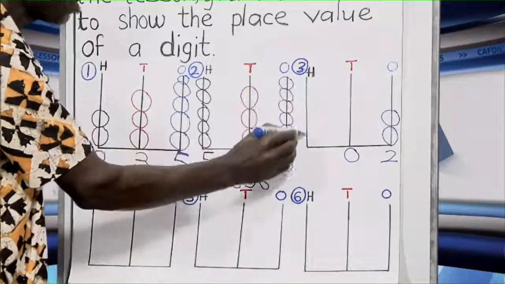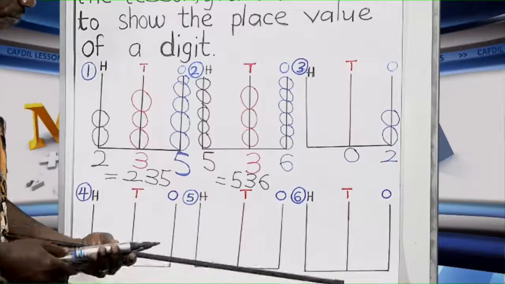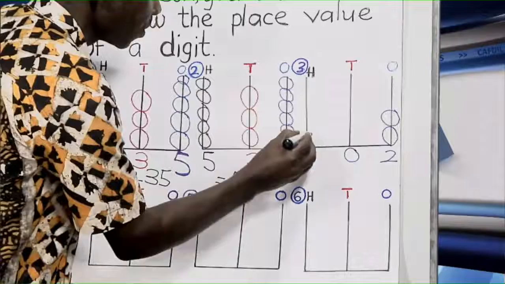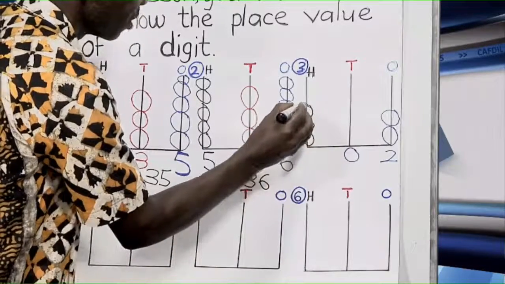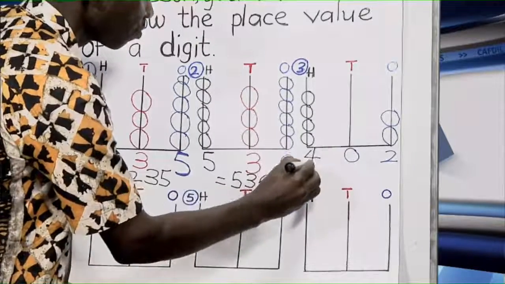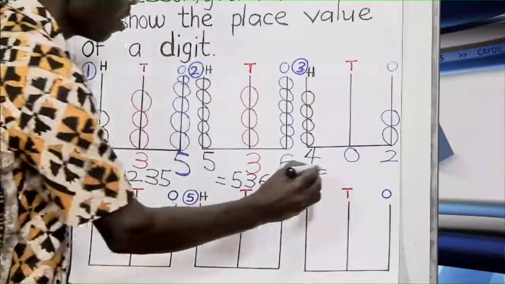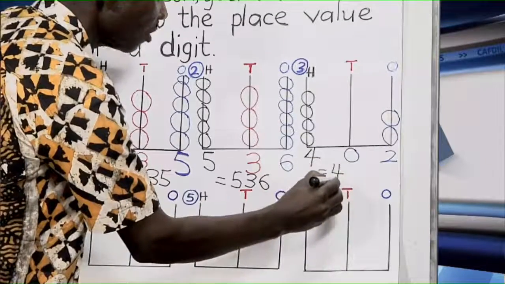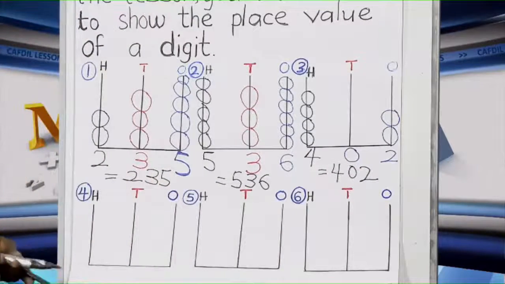Then under hundreds column, we are going to have, let's have 1, 2, 3, 4. So this gives us 402.